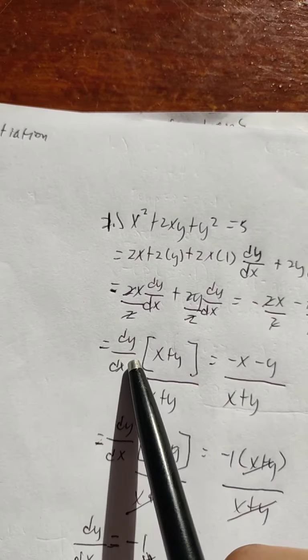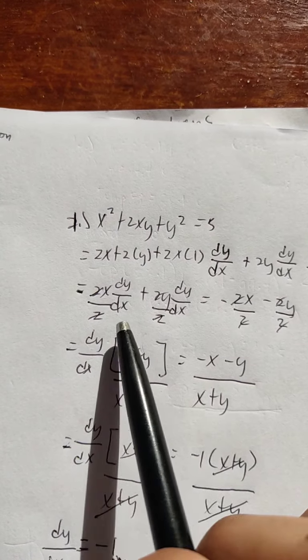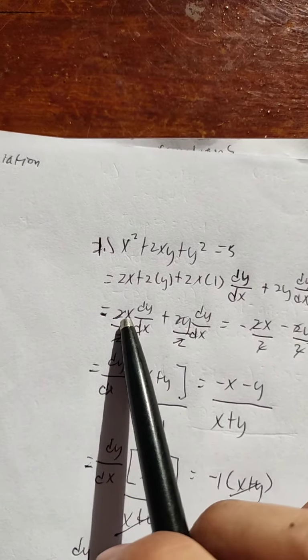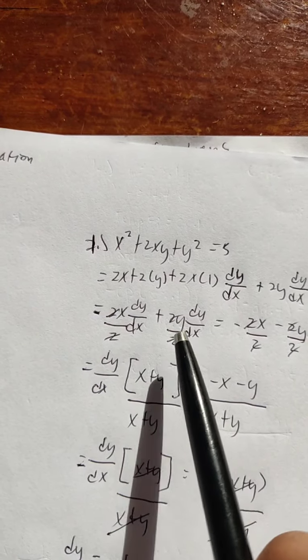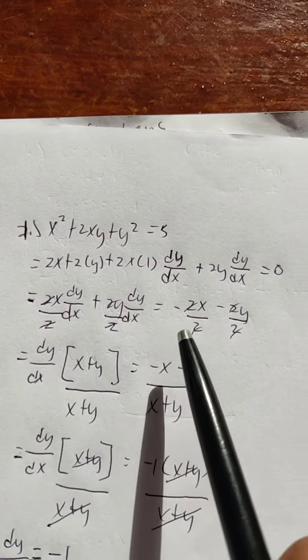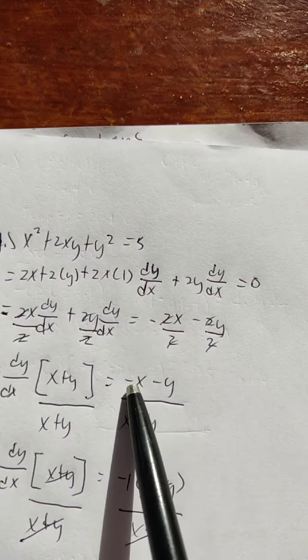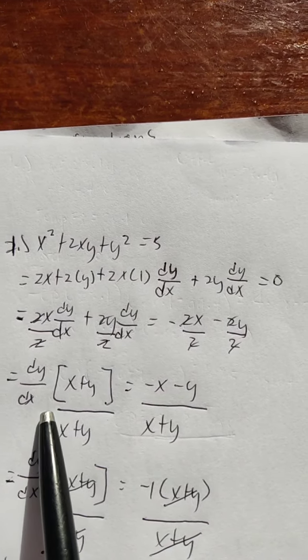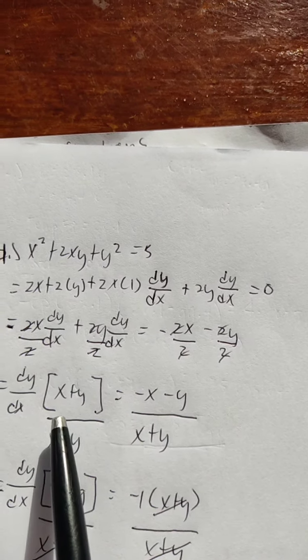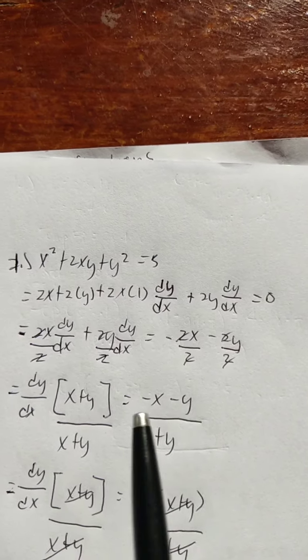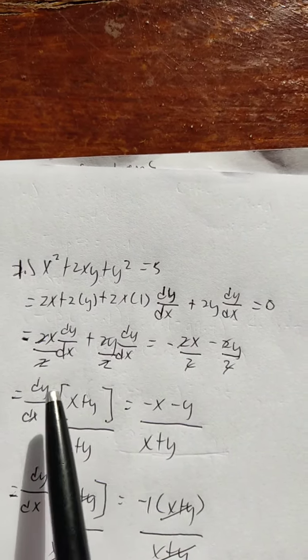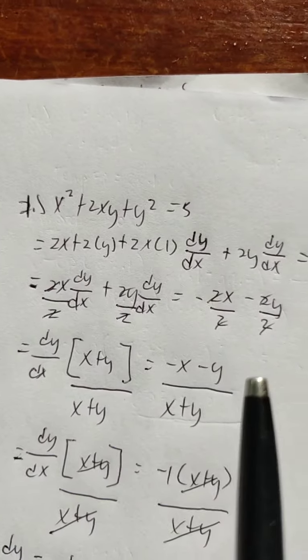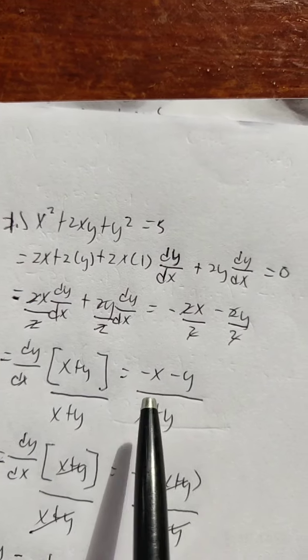So dy over dx times x, we have remaining x on the first term, x plus y, equals negative x and negative y. So in order for us to get dy over dx, we need to divide both sides by the dy over dx coefficient, which is x plus y.